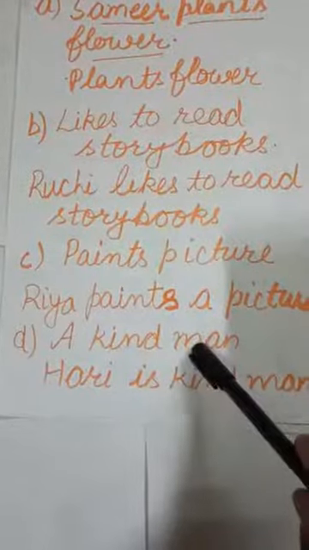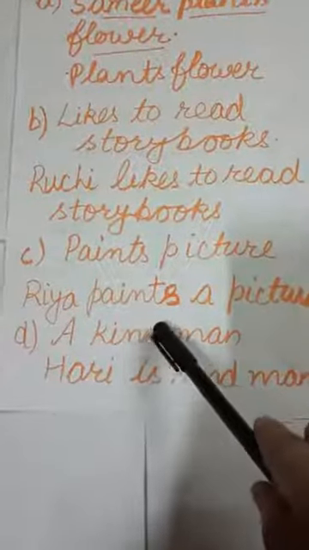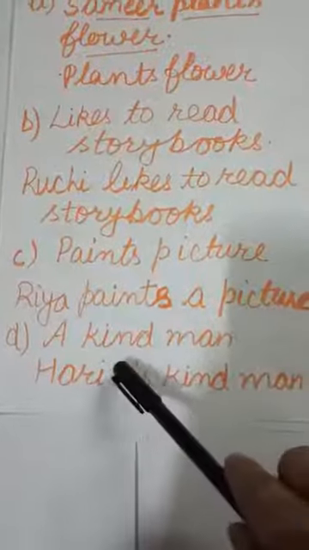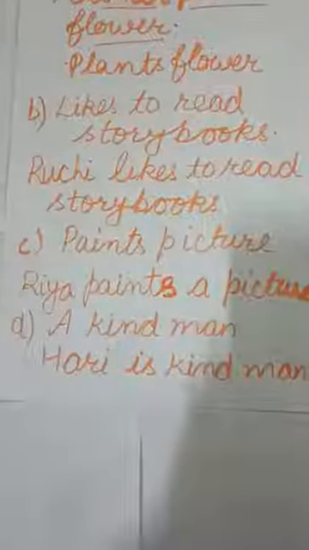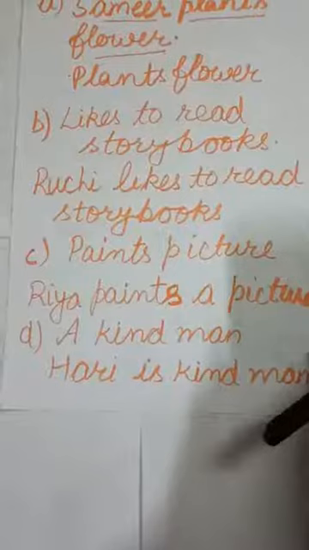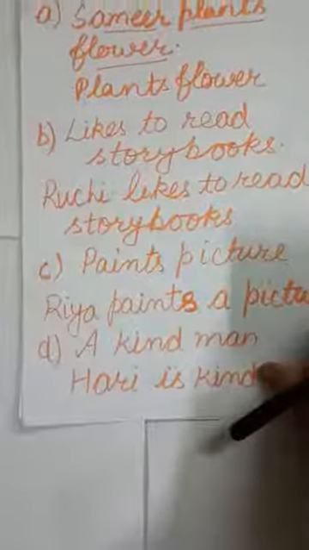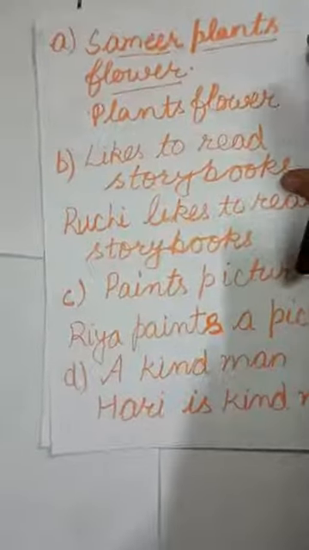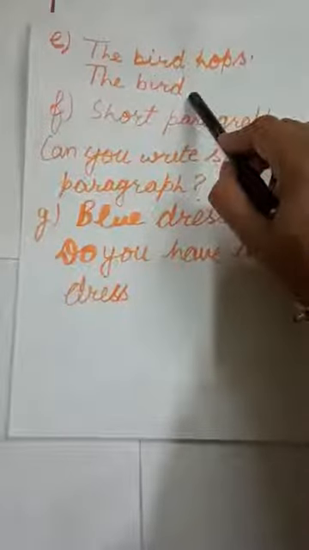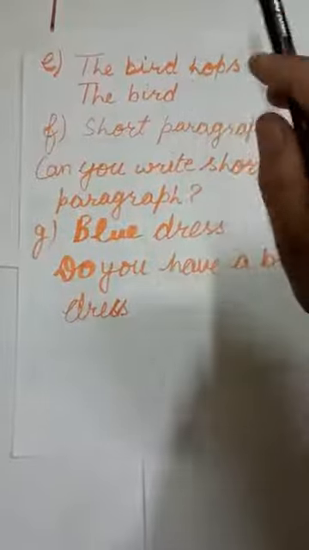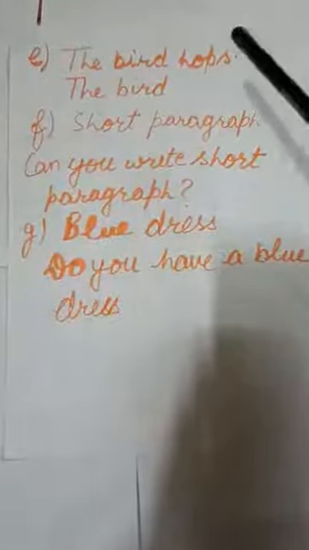Third one, now D part, "a kind man." "Hari is kind man." So you have to put punctuation marks as well as underline the complete sentence. Now E part, "the bird hops." "The bird." These two are the pair of words.